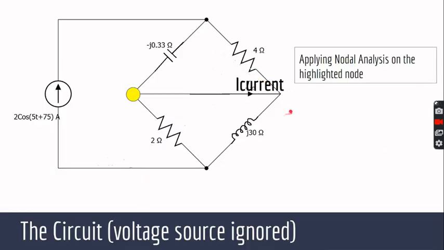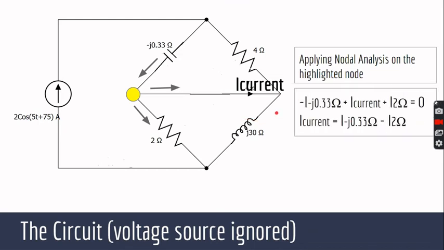And then we can now apply the nodal analysis on this particular node, which will be KCL on this node. So there is a current passing through here into the node, and then I current coming out of the node over here, exactly the same, and then another current coming out of the node into the resistor.